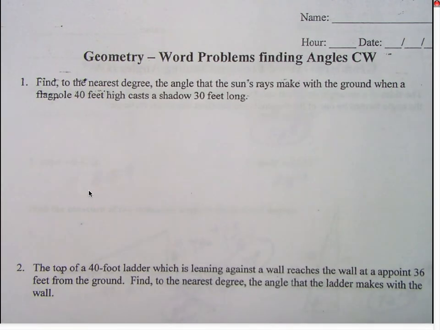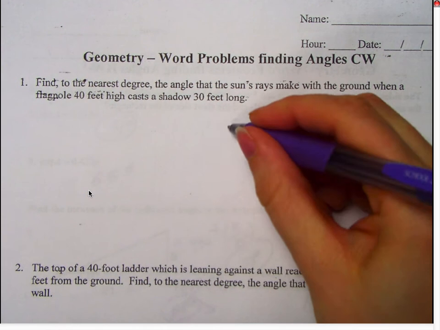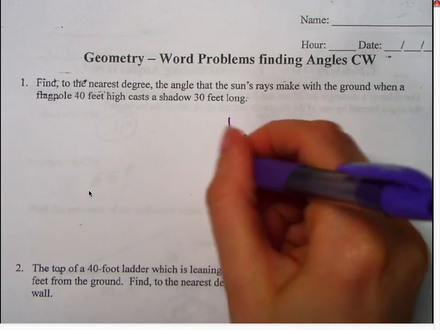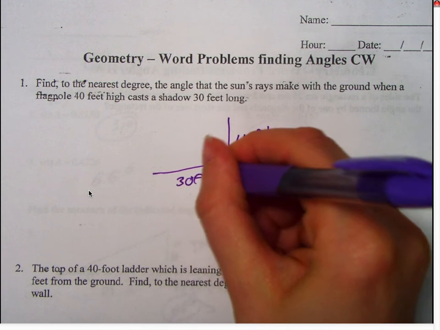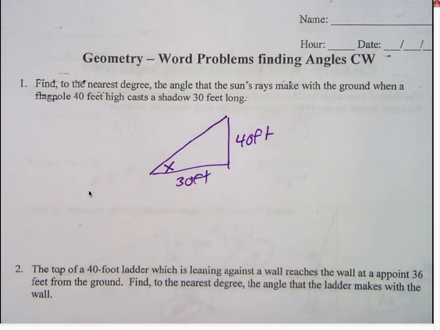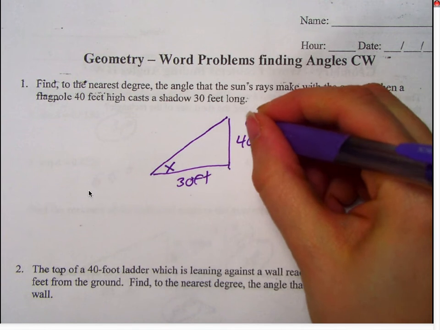Okay, ready? Number 1, find to the nearest degree the angle that the sun rays make with the ground when a flagpole is 40 feet high and casts a 30 feet shadow. I want to know this angle right here. Okay, this is your opposite.